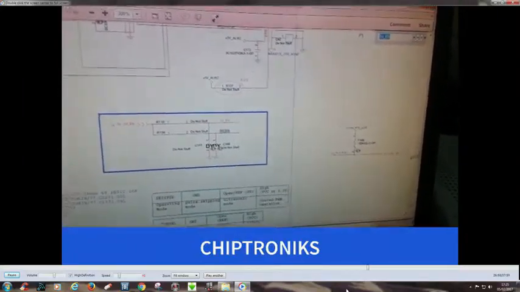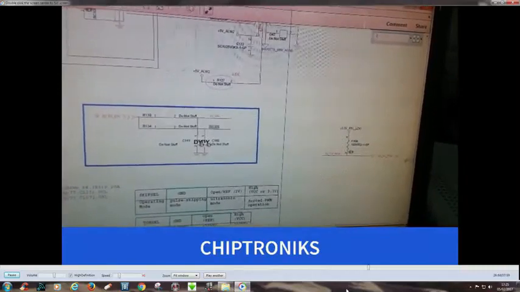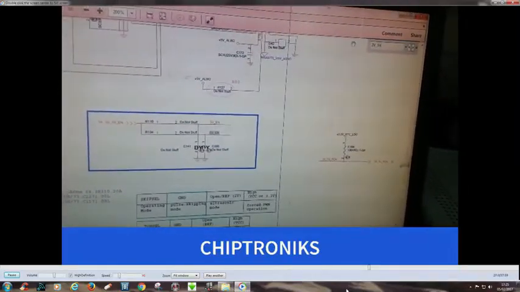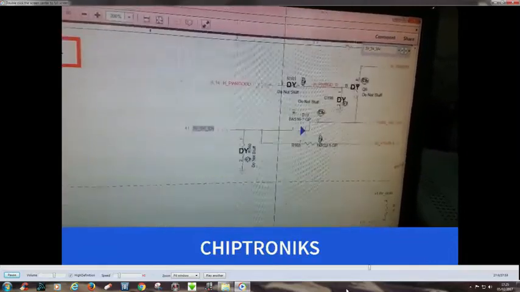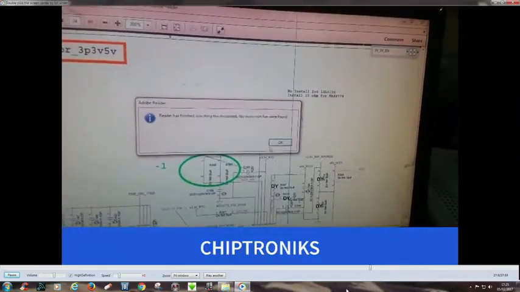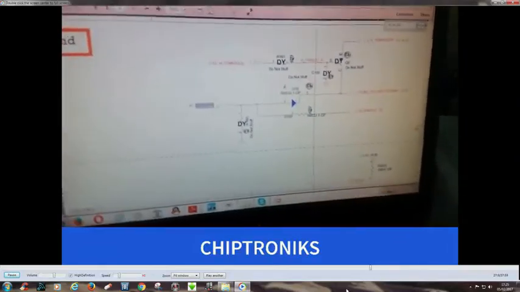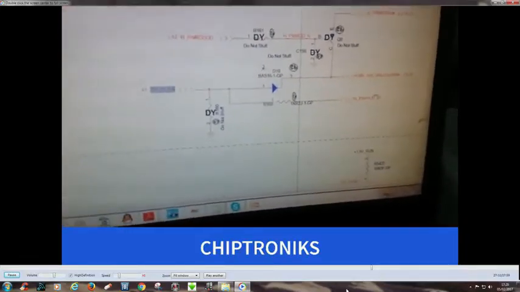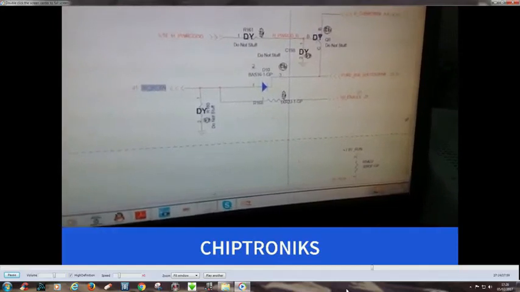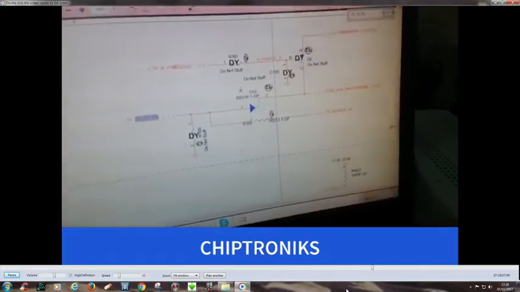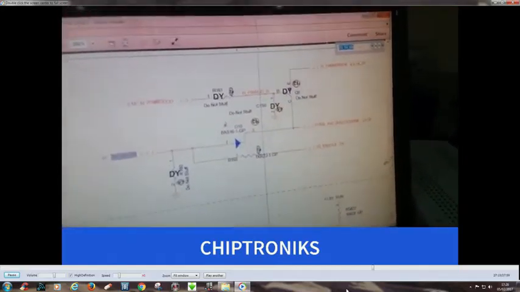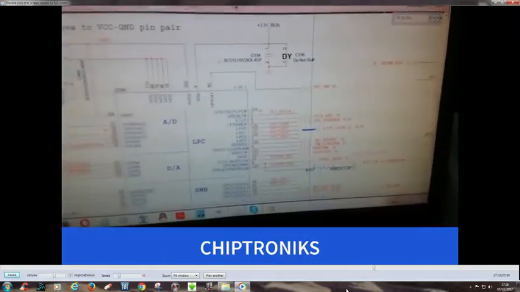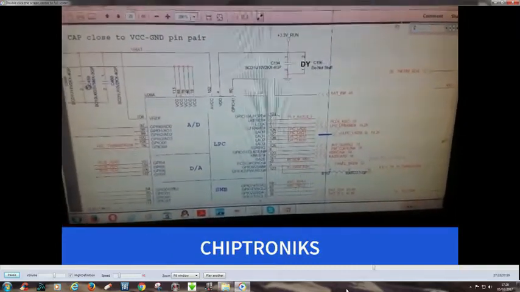So we have to check this one. The 5V_EN is being generated by this S5_ENABLE. So let's check how this S5_ENABLE is generated. We'll go to page number 29 and we'll find S5_ENABLE.